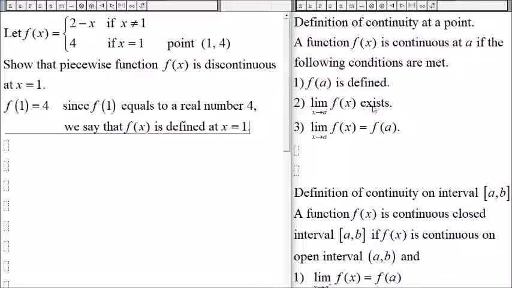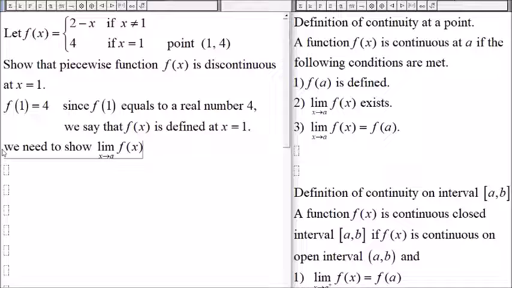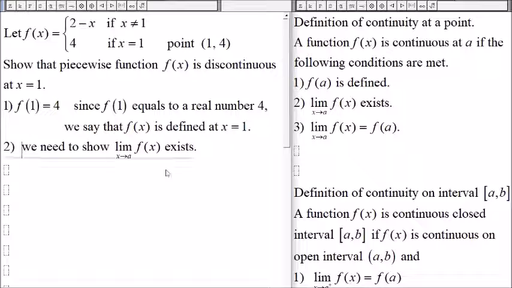And now we need to go to condition number 2. We need to show that this limit exists. So let's number these: this is condition number 1, and then number 2.